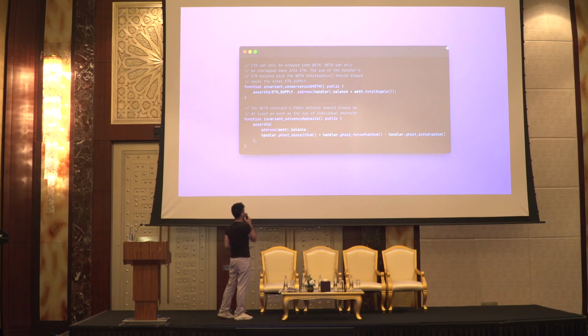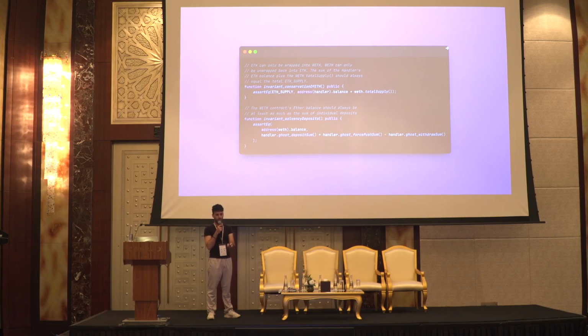So an example, this one is taken from the wrapped ETH example invariant testing repo from Horse Facts. Here we have 2 very simple invariants. The first one is conservation of ETH. We are just checking that the supply of ETH equals the total supply inside of the wrapped ETH contract.